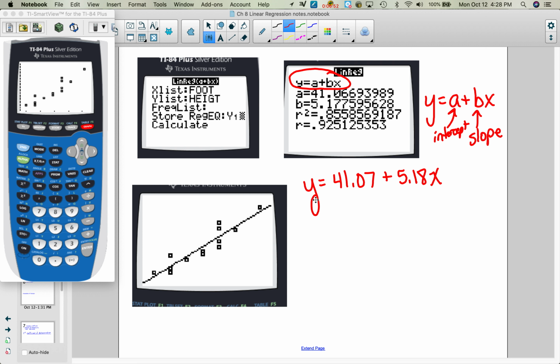So if you think, oh, I might forget to define my variables, then do it this way. Height equals 41.07 plus 5.18 foot. You could say foot length, but this is better to actually just use the words. And that's a good way to describe this equation.